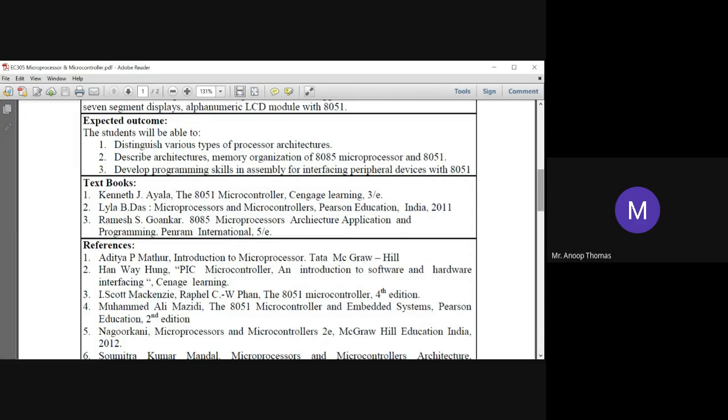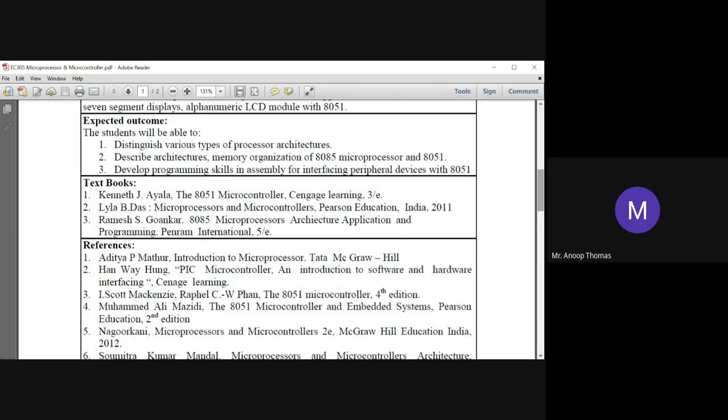These are the major outcomes which are expected out of a student once he completes this particular course. So that's the orientation of this syllabus. We will delve in detail about these particular ICs when you move into the corresponding modules.